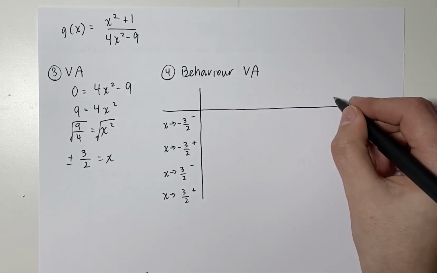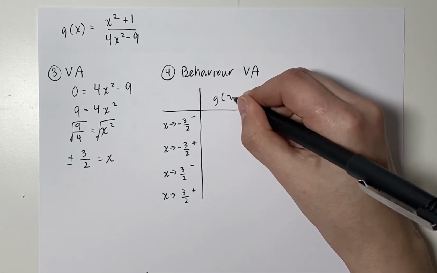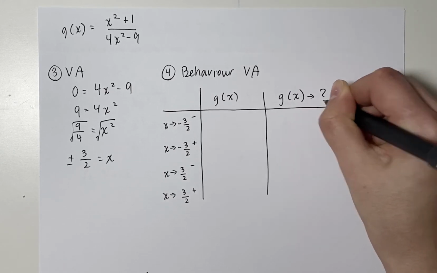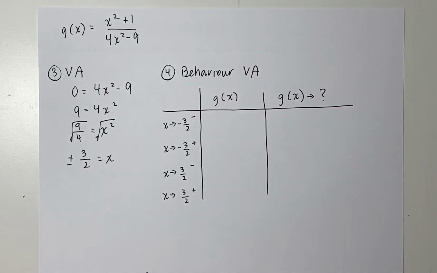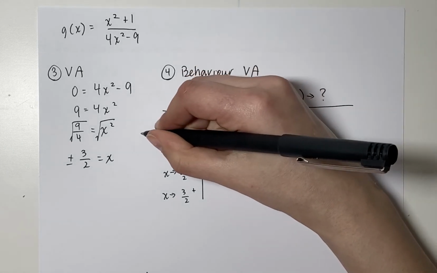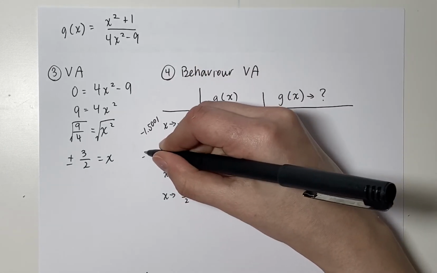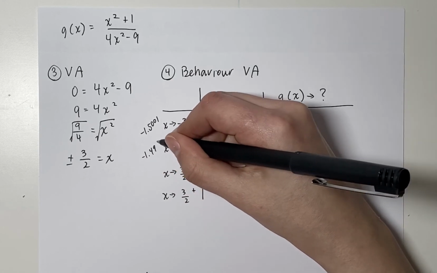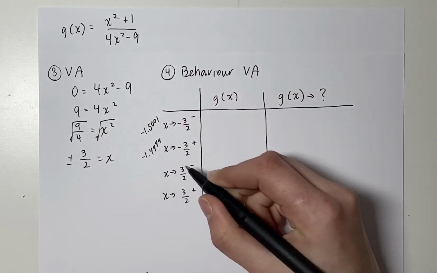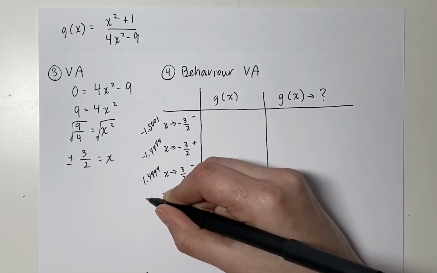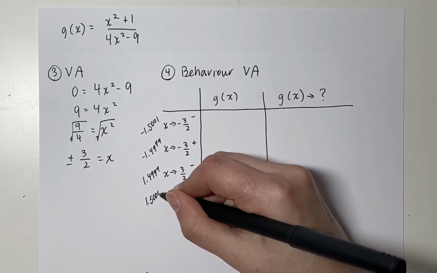On the top here, we just have our function and then its behavior. For here, you can use the point negative 1.5001. Here you can use negative 1.4999. Here we can use 1.4999 and then 1.5001.